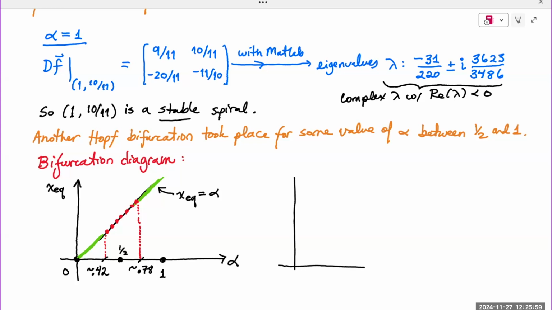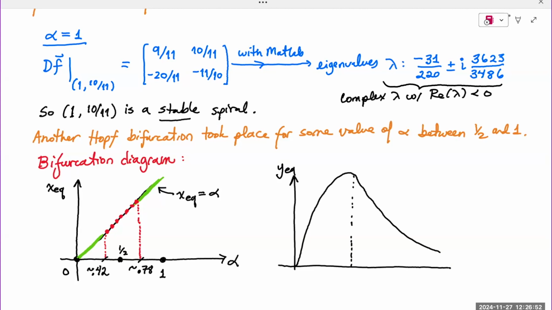If I were to plot the bifurcation diagram in alpha and the y equilibrium, I wouldn't really get a whole lot more information, except I would see the shape of the y equilibrium as a function of alpha. And it turns out that shape is something like this, which again, we're going to see numerically.